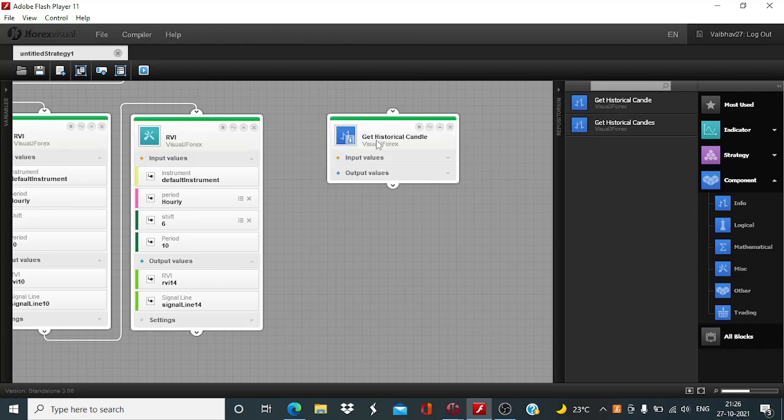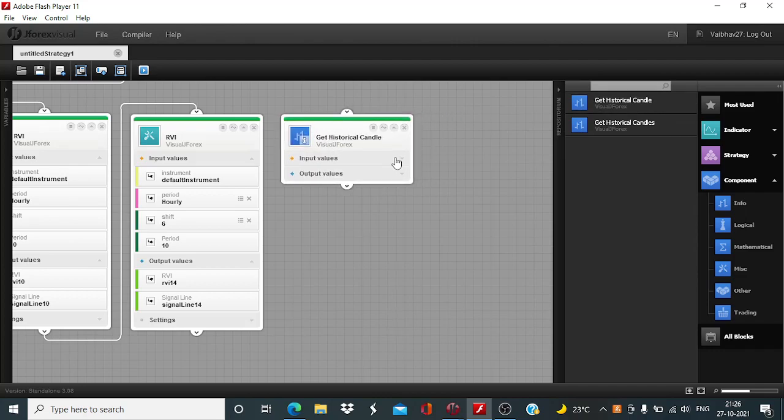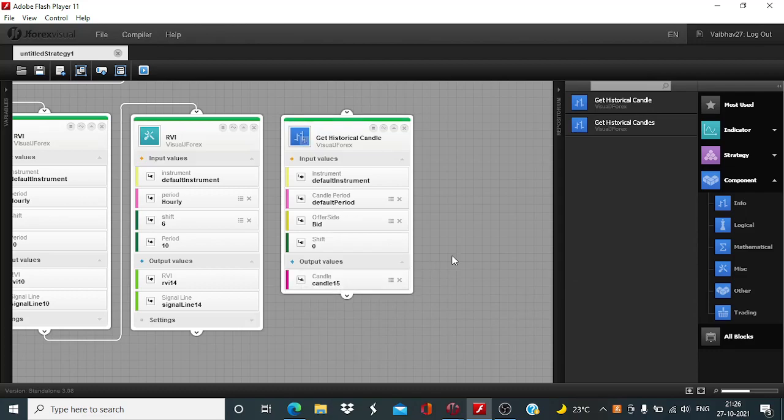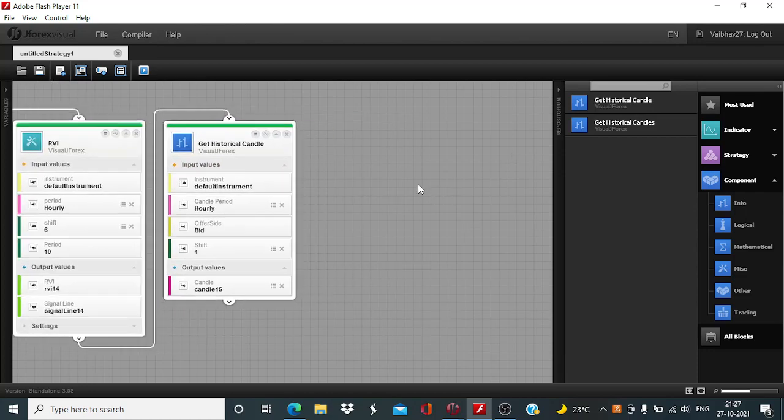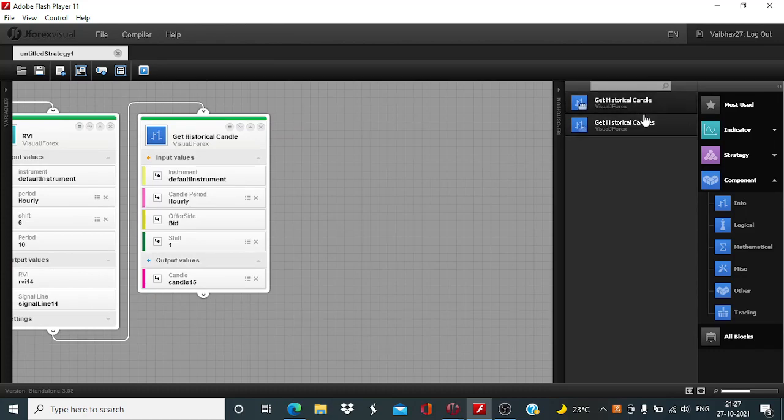And for that, we are going to rely on this get historical candle. And I will change it to hourly again. Shift value will also be changed to 1.